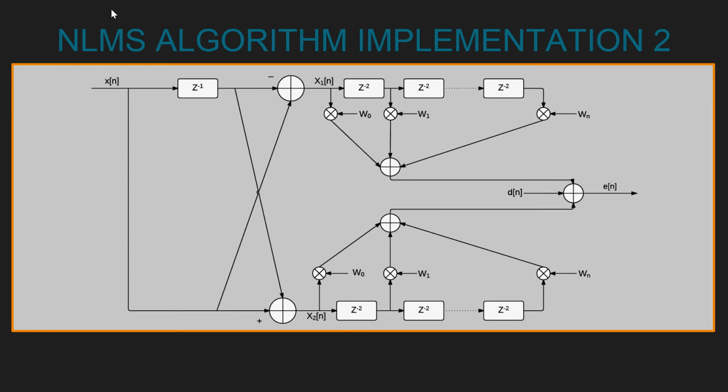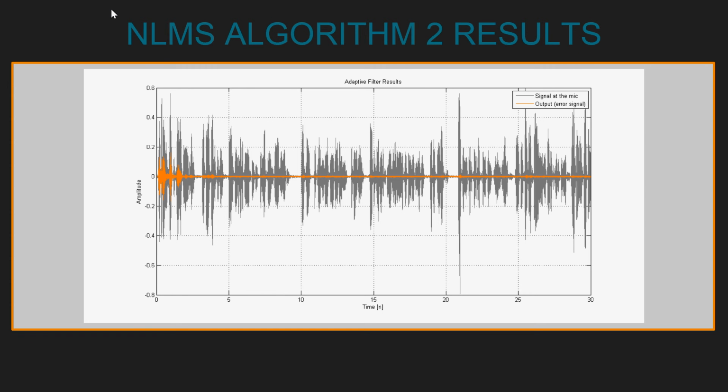So basically, delaying the signal by one sample and subtracting it from itself acts as a high pass filter, and delaying the signal by one sample and adding it to itself acts as a low pass filter. So we can see the results of the implementation of this algorithm.